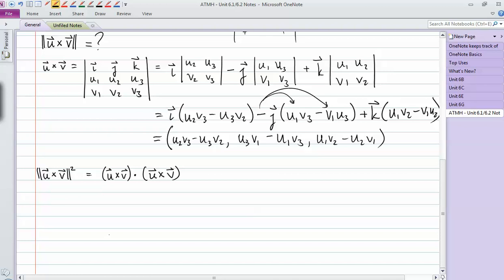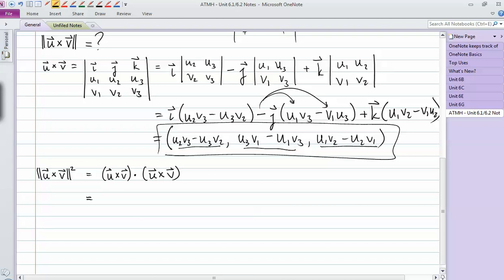Well, u cross v is right here, so it's going to turn into this times itself plus this times itself plus that times itself. So it's going to be (u2 v3 minus u3 v2) squared plus the next one squared. You can imagine this is going to get pretty ugly. (u1 v2 minus u2 v1) squared.